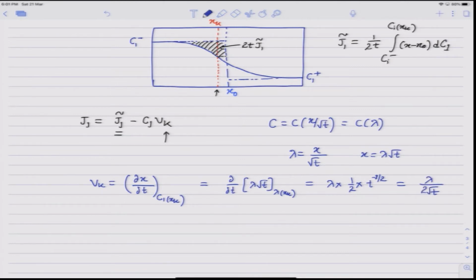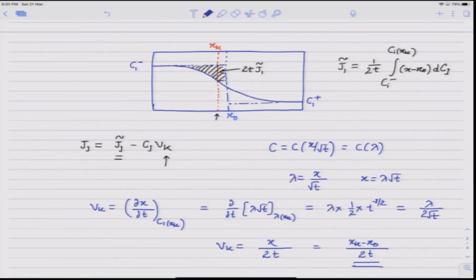If we substitute for lambda again, we get Vk is equal to x over 2t, and if x0 is my origin, then this is nothing but xk minus x0 over 2t. So by determining the position of the marker plane with respect to the Matano plane, we can find the velocity of the marker, or the Kirkendall velocity Vk.